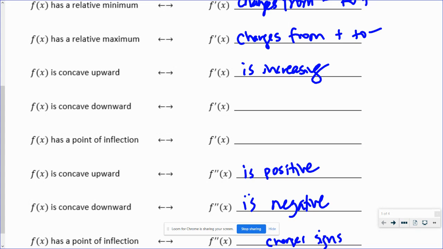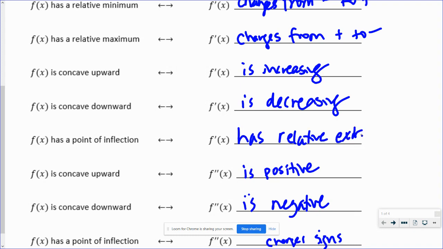If f is concave down and f double prime is negative, that means f prime is decreasing. If f has a point of inflection, that means the second derivative is changing signs, which means the first derivative has relative extrema. So first derivative is changing from increasing to decreasing or decreasing to increasing.